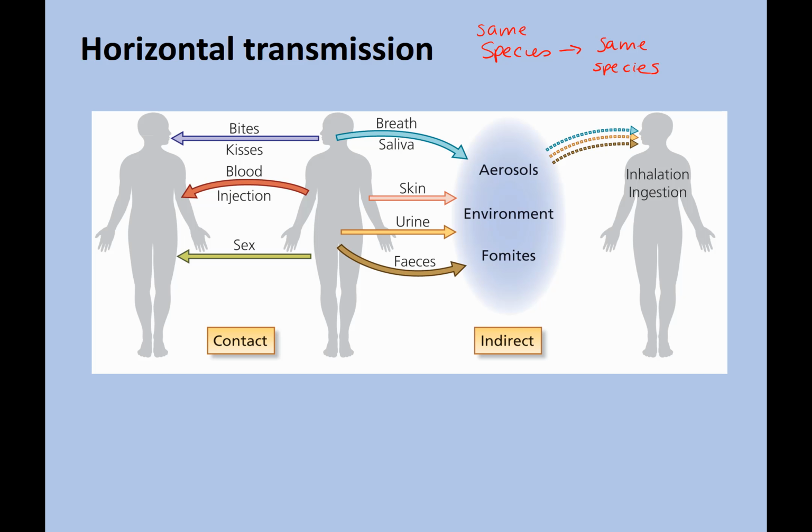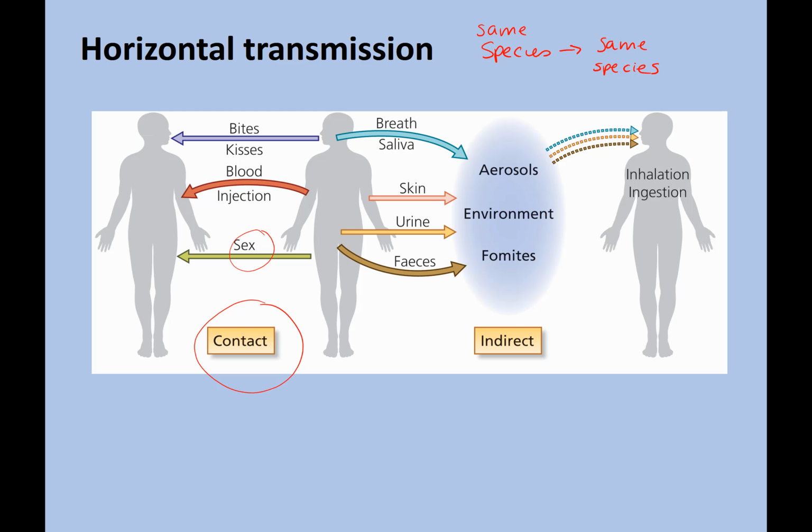Okay. So how can we transmit viruses person to person? Well, you can do it directly through contact. So sex, there are STDs or STIs, sexually transmitted infections, that are caused by viruses such as human papillomavirus and HIV.